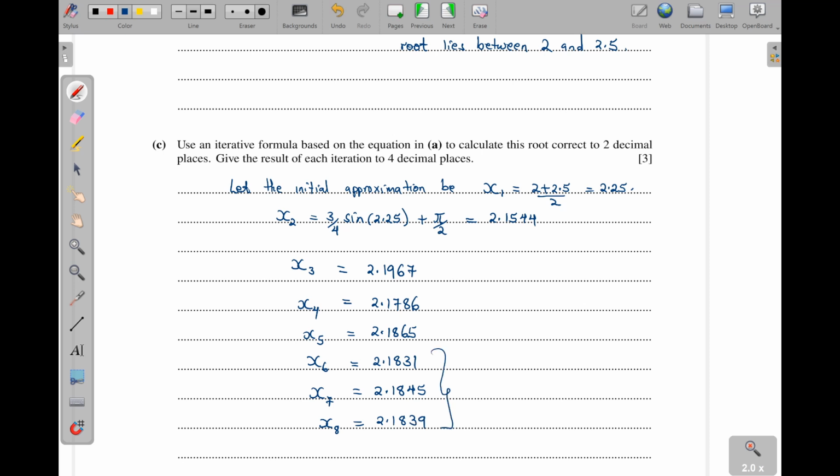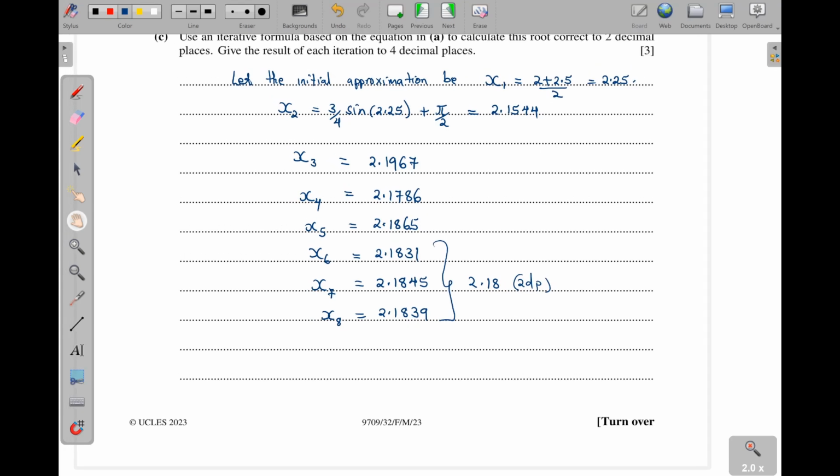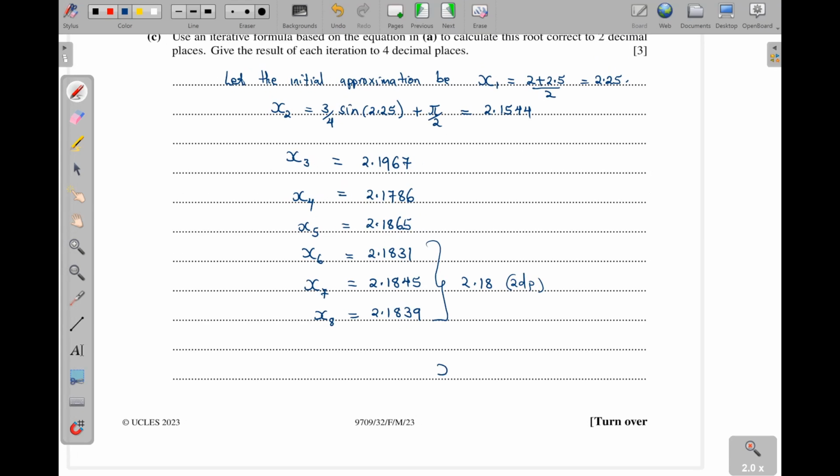Now these 3 are all giving me 2.18 to 2 decimal places. So this therefore means that the root x is going to be equal to 2.18 to 2 decimal places. That is that.